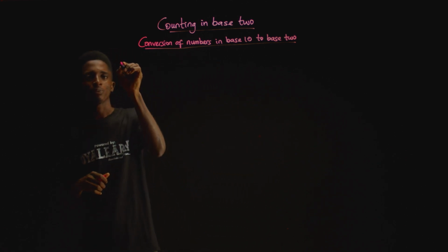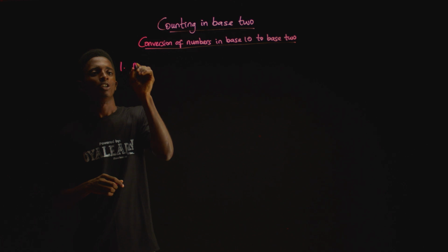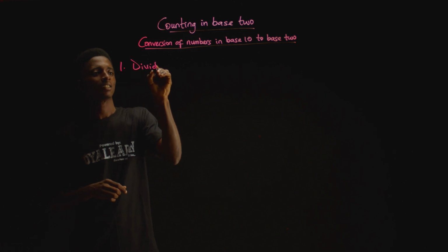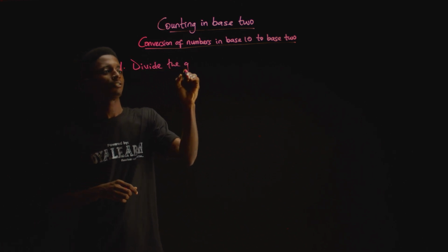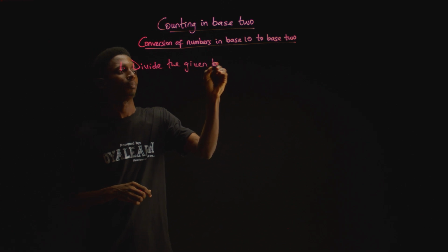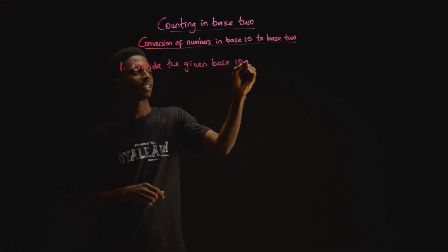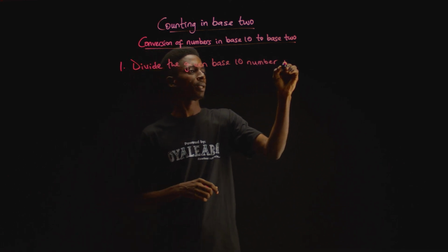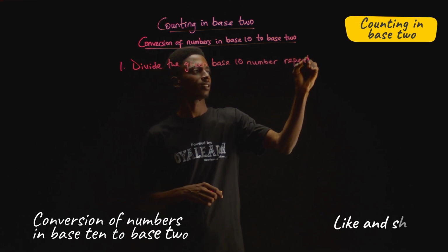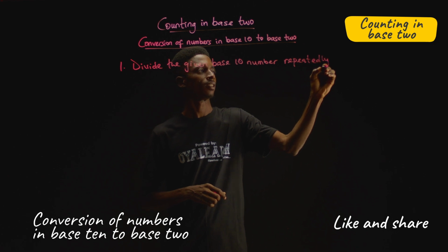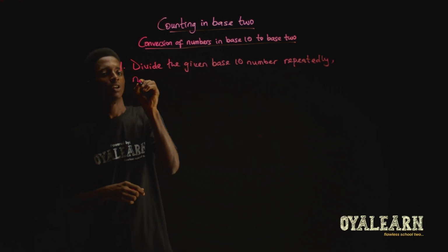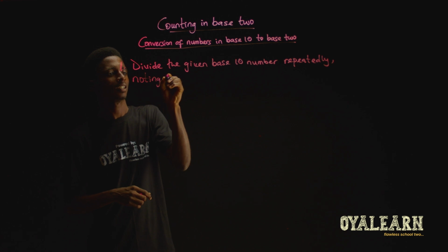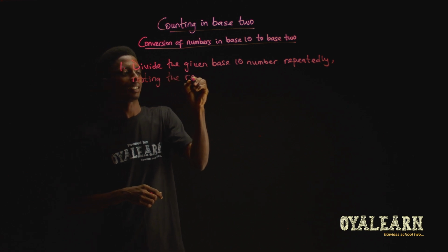Now, step 1. You divide the given base 10 number repeatedly, noting the remainders.